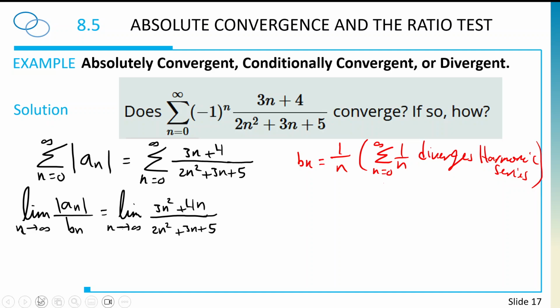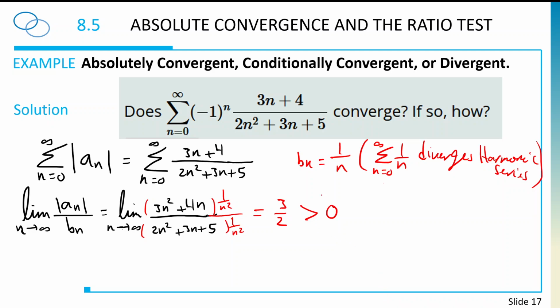If you find this limit just by multiplying by 1 over n to the power of 2, you can do it in your head as L'Hopital. So this limit, you can easily show, equals 3 over 2. And remember, for the limit comparison test, we need to check if this is greater than 0. And yes, it's greater than 0.